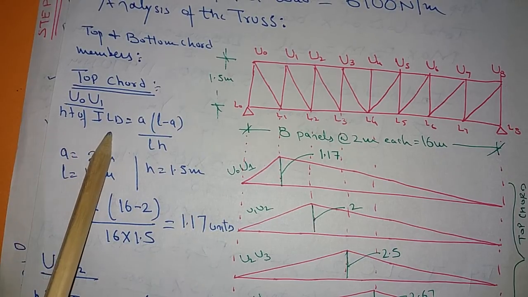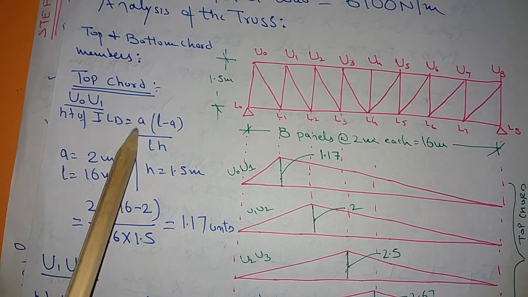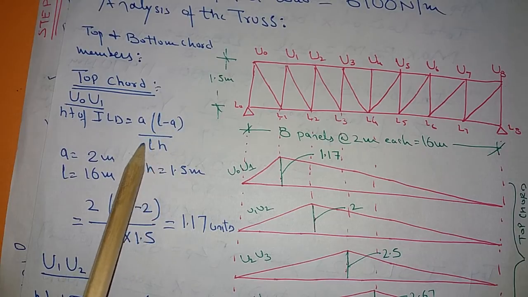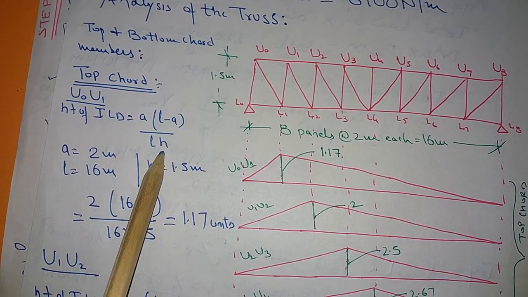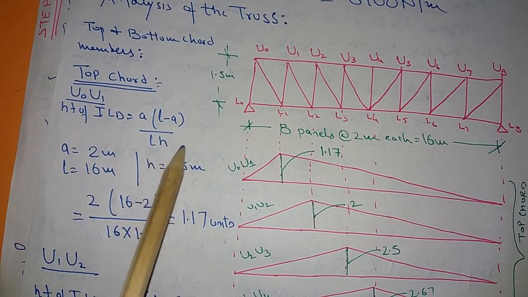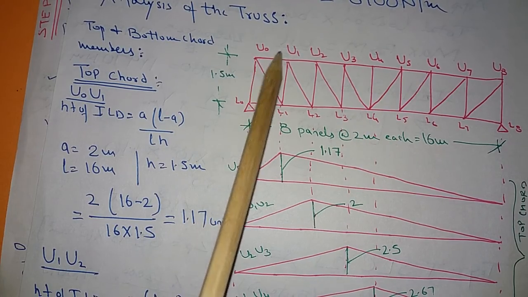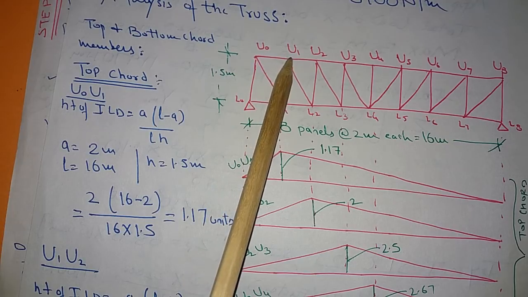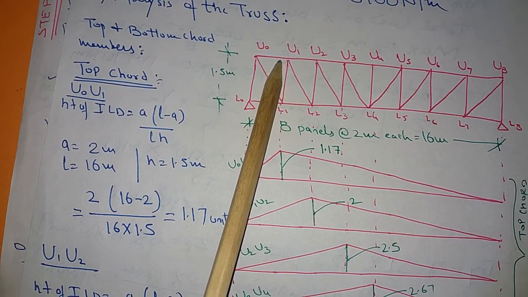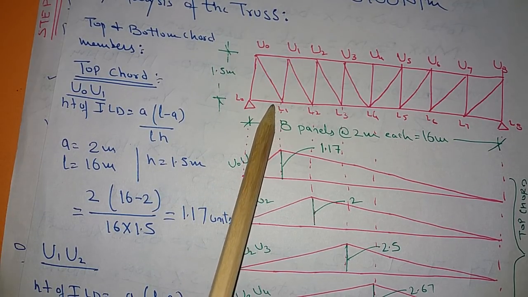Now height of ILD will be A upon L minus A upon L into H. In this case, when you say top chord members U0, U1, A will be the distance of opposite side member.